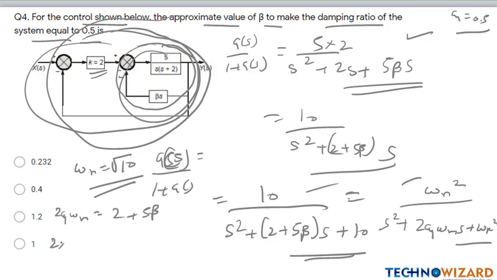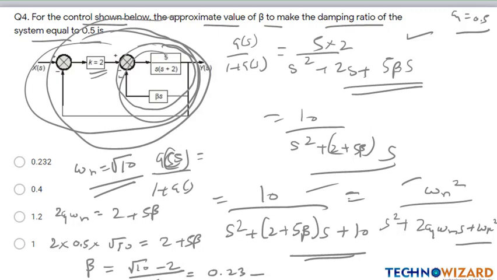We know that zeta is equal to 0.5 and omega n is equal to root 10, which is equal to 2 plus 5 beta. From here beta is equal to (root 10 minus 2) upon 5. Approximate value will be 0.232. Option A is the correct answer.